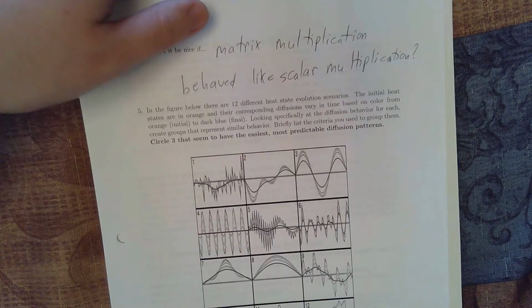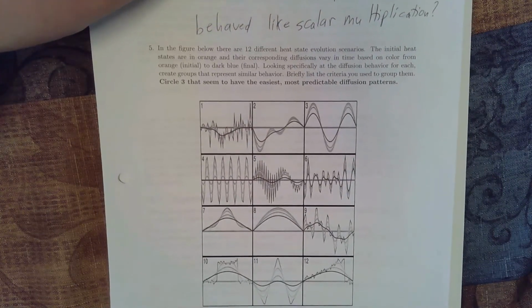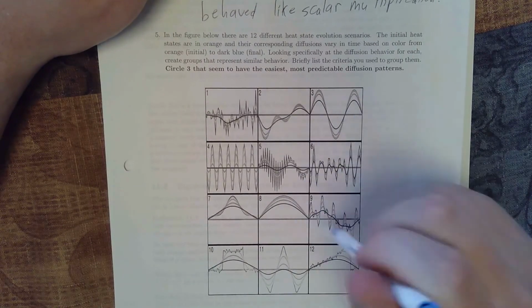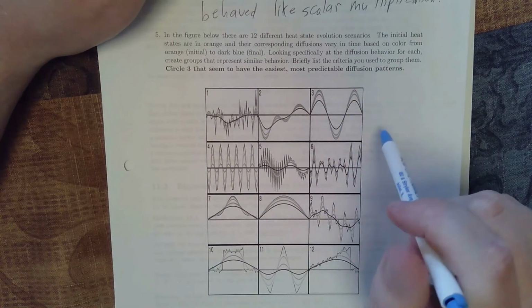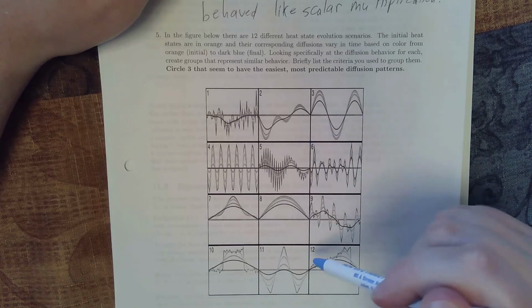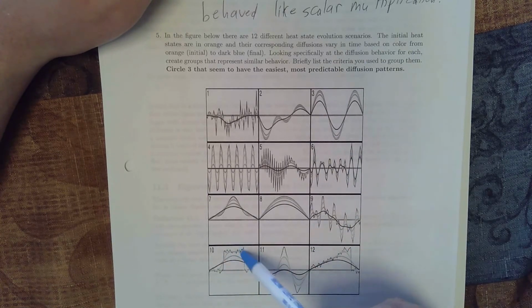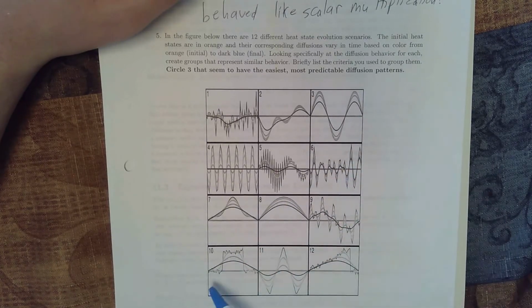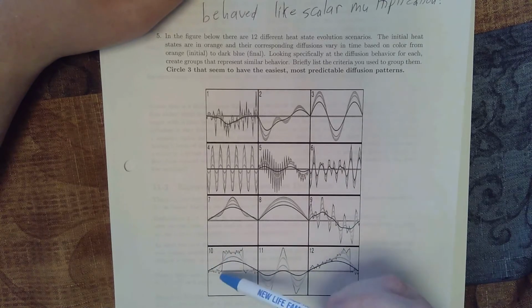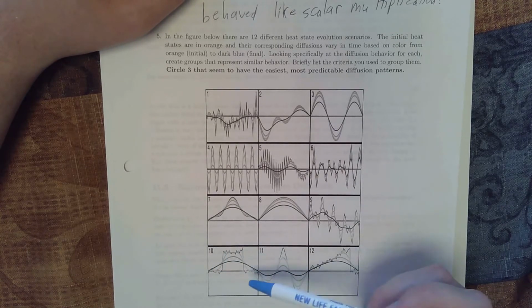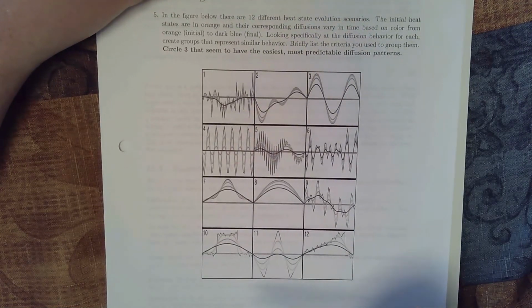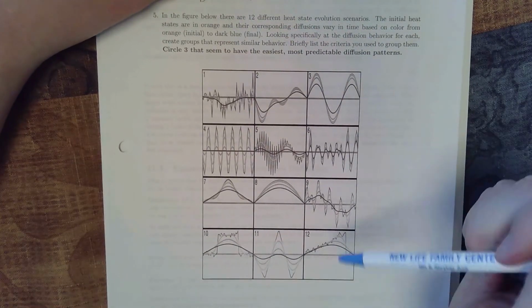So one of the fun little applications of this idea that's coming up is looking at heat diffusion states. Essentially these darker lines are where we're ending up, and we're trying to look at the pattern: if we're high, that's a higher heat, and if we're low, that's a lower heat.